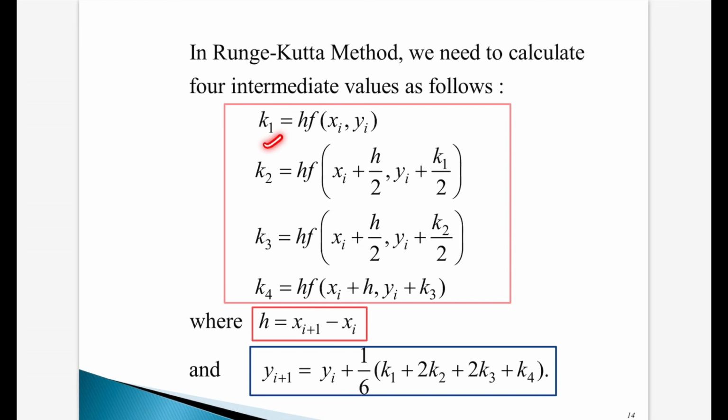We need to find your k1, k2, k3 and k4, where h is equal to x(i+1) minus x(i), and your next y, y(i+1), is equal to y(i) plus 1/6 times (k1 plus 2k2 plus 2k3 plus k4).